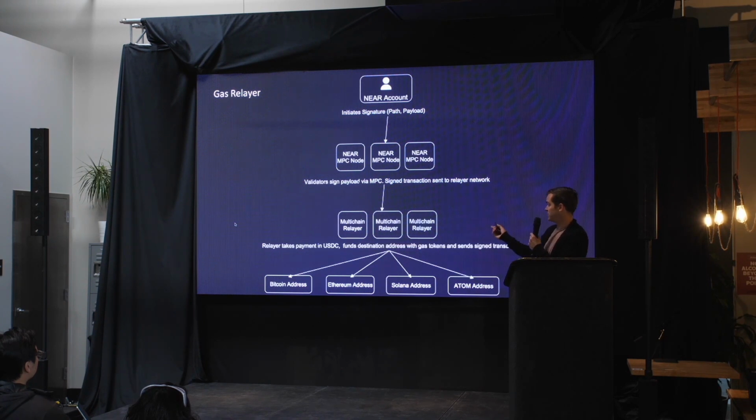These relayers will fund the destination account with some gas tokens just in time, and then you'll be able to send your signed payload right behind it, which in some cases could even be in the same block. So you're just sitting there with USDC, but you're paying for transactions in Bitcoin, Ethereum, Sol tokens, Atom, whatever it is.